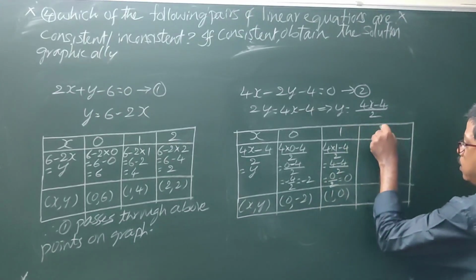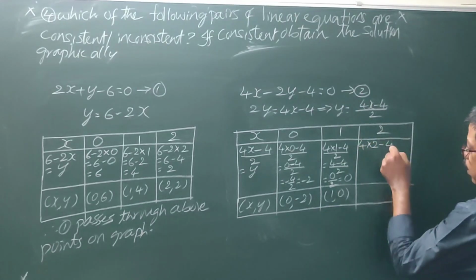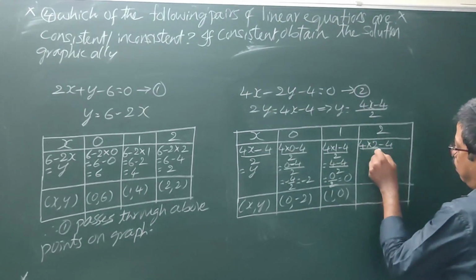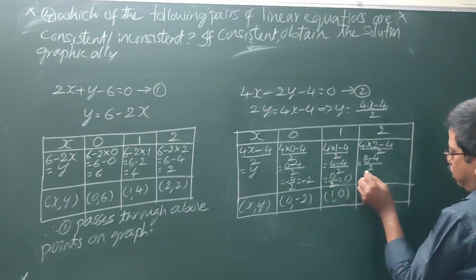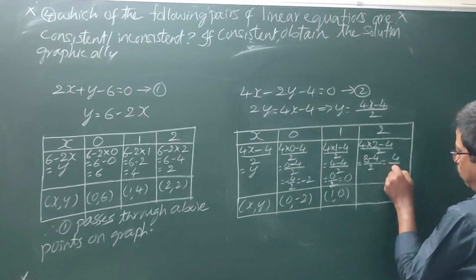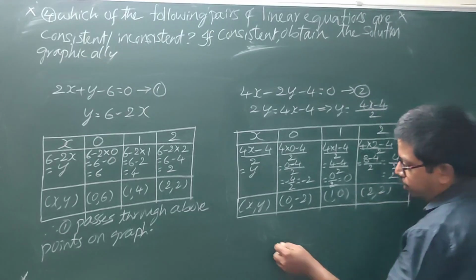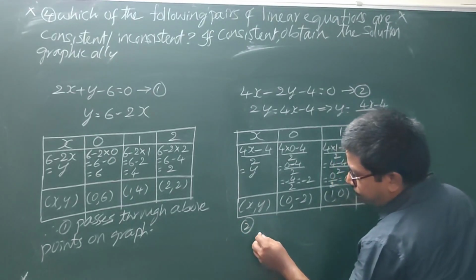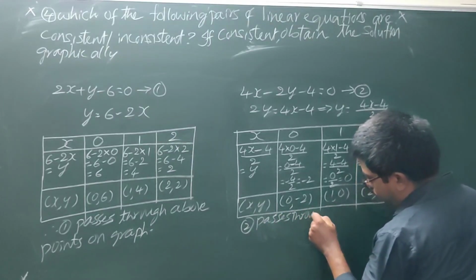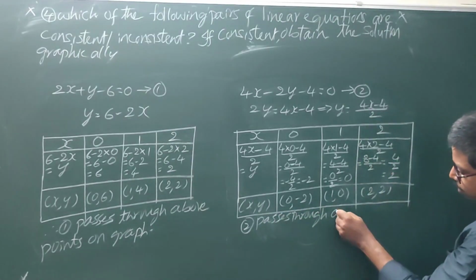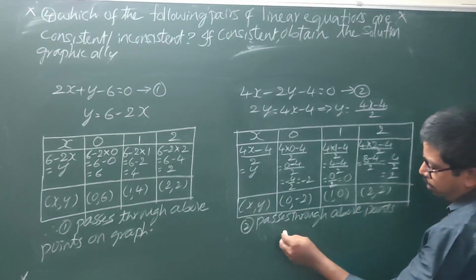Now x equal to 2: (4 into 2 minus 4) by 2 equal to 4 by 2 equal to 2. So 2 comma 2. Equation 2 passes through the above points on graph.